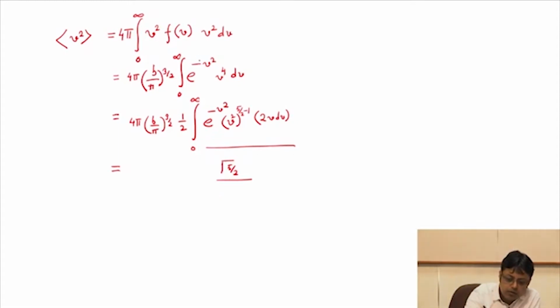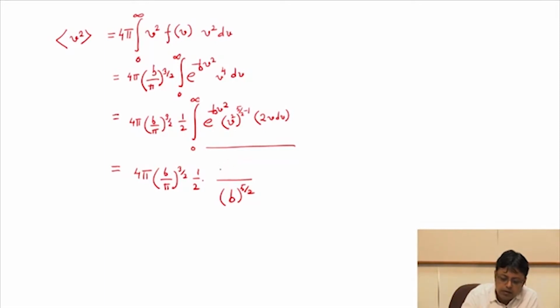Now I also have to write the b here, because in the distribution function there was a b. So it will be gamma n by b to the power n, b to the power 5 by 2. Now you can easily see we're going to get a very interesting relation. So I have 4 pi here, b by pi to the power 3 by 2 into half. Instead of gamma 5 by 2, you can just directly write down the value.